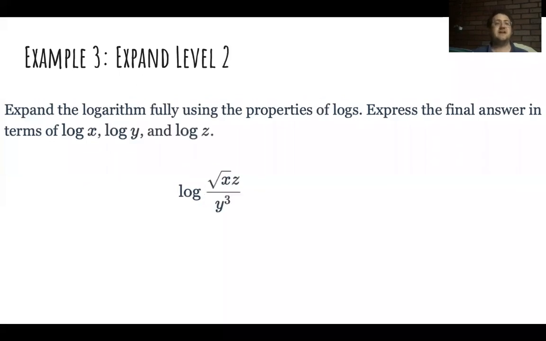Let's go to an expand level 2. This has a combination of power, quotient, and product rules. So it has all three. One little thing that I like to think about is that the numerators will have positive values, and the denominators will have negative.